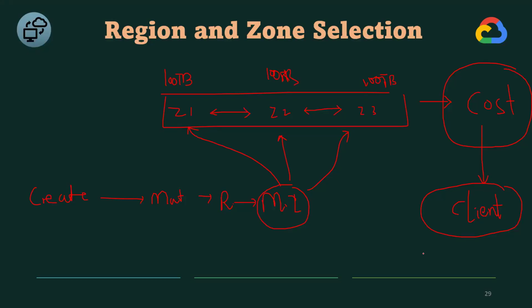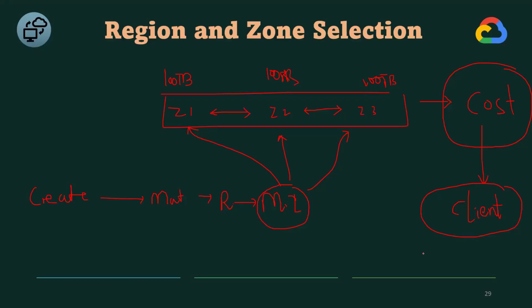Because if you select one zone, the data may crash. If you select multiple zones, a separate copy of the data is available in multiple zones, so even though one of the zones has crashed, we can have the data from the other zone. That kind of benefit we are going to get, so that at any cost we are not going to lose our data.